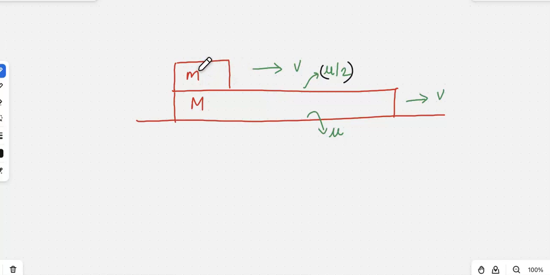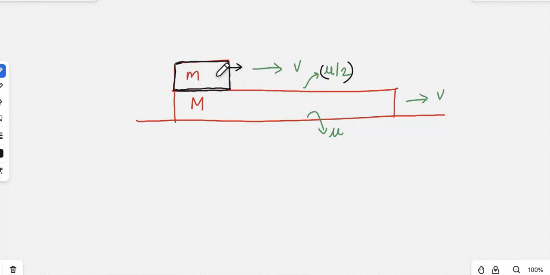If you place an object on a larger object like this and push it towards right, there will be a frictional force experienced by this small m block, right? If the small m block is moving along with the capital M block, then this frictional force will be towards right.